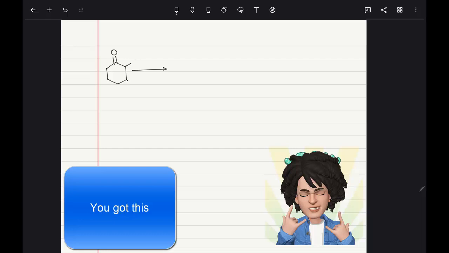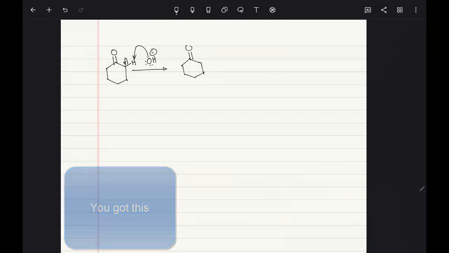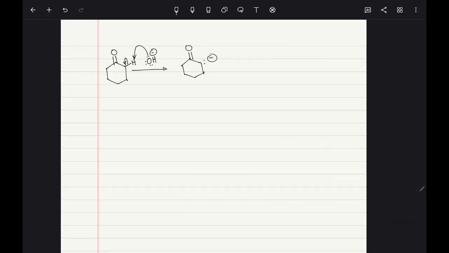And if we just use a regular ketone, we're going to end up with a side reaction where if we deprotonate at the alpha position, now we've formed a nucleophile that can just do an aldol condensation with itself or with another carbonyl.